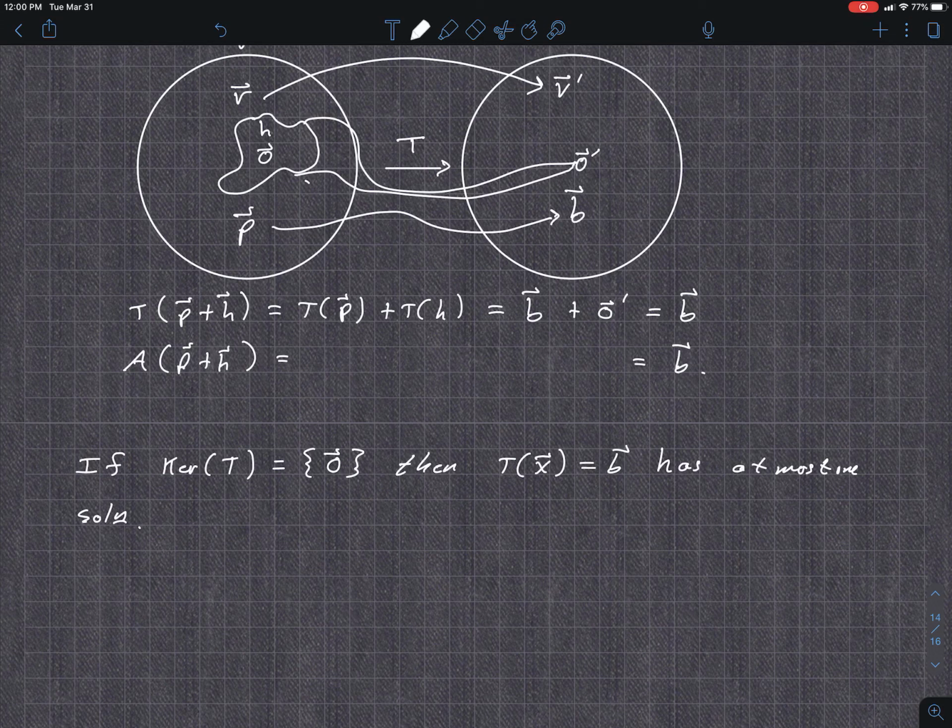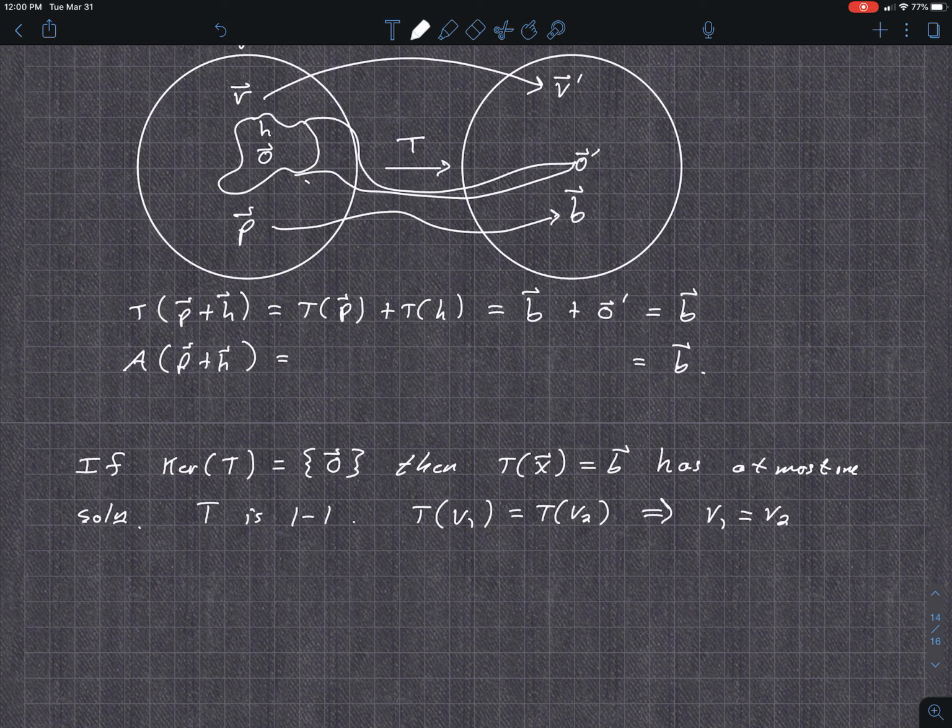Has at most one solution. So that is going to describe the concept that T is one-to-one, which means that if T of V1 equals T of V2, that implies that V1 equals V2.